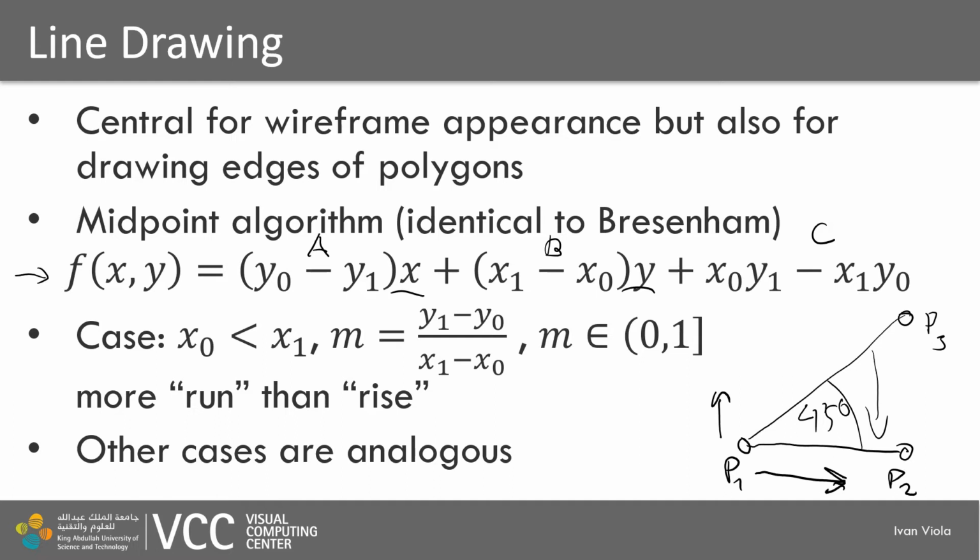And in such a case, we will use our implicit formulation of a line, and you can see we have all the information available there, and we would like to use it for the rasterization of this line.